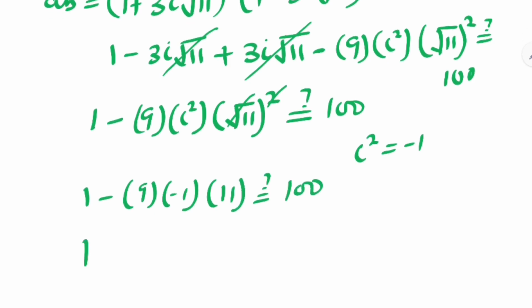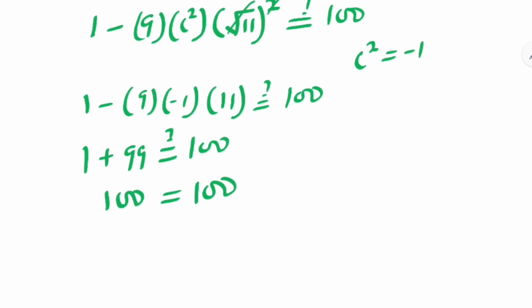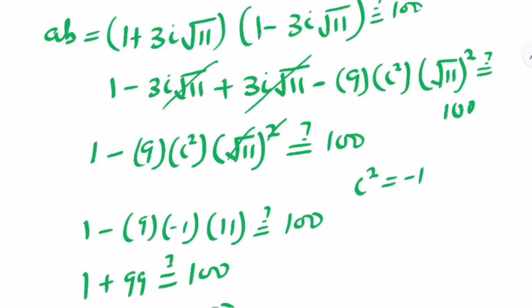So this is 1 minus 9 multiplied by minus 1, that is plus 9 multiplied by 11, that is plus 99, must be equal to 100. 1 plus 99, this is 100, which is equal to 100. You can see that the left hand side is equal to the right hand side here, which is true.